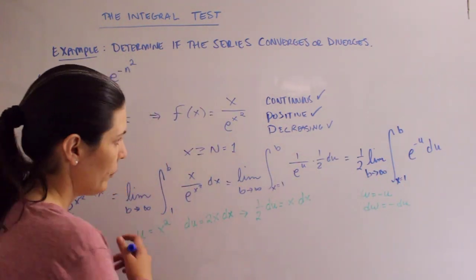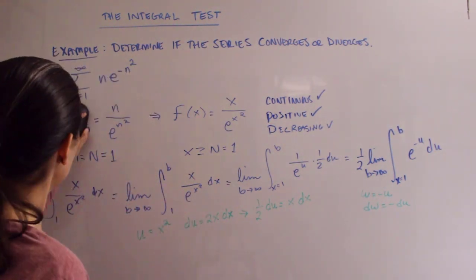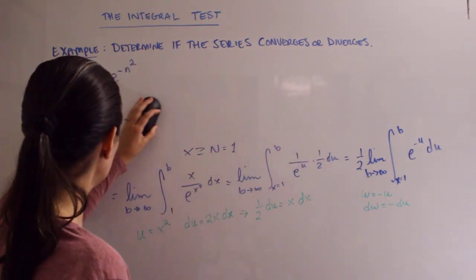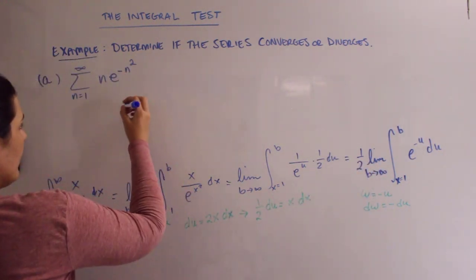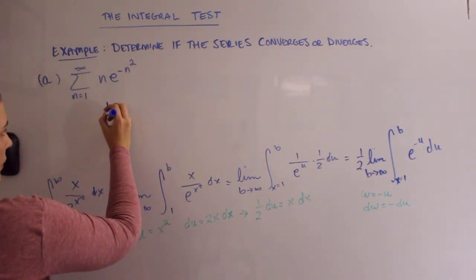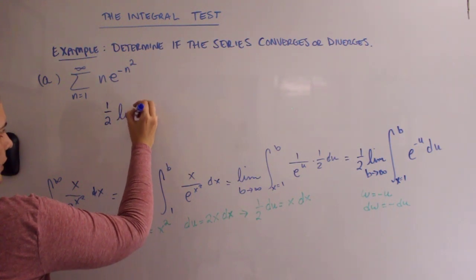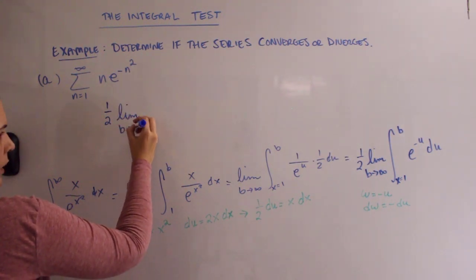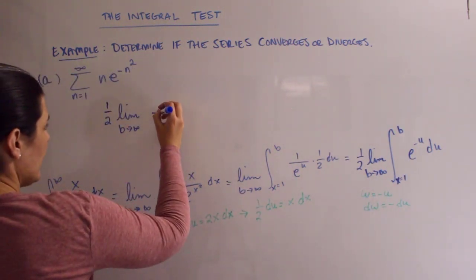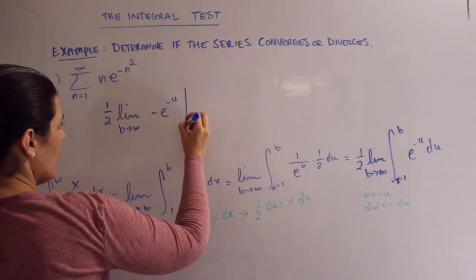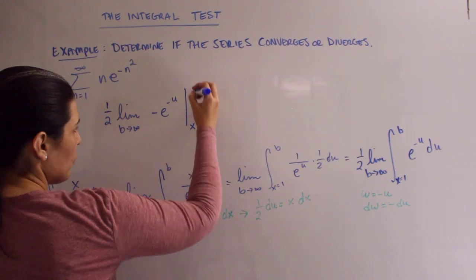Okay, so let me actually move up here so we have some more space. And continuing, we have 1/2 times our limit, b goes to infinity. This integral is negative e to the negative u, and then x is from 1 to b.